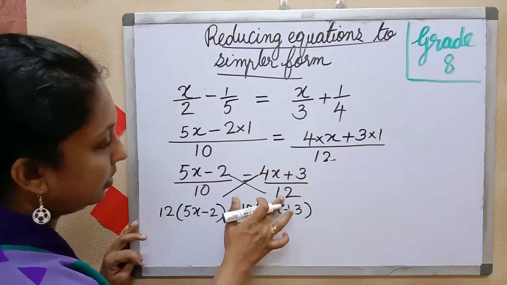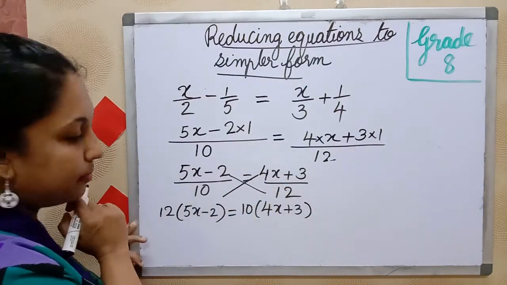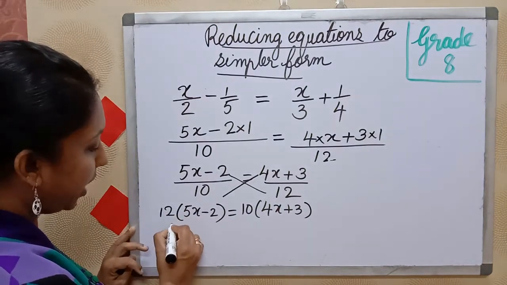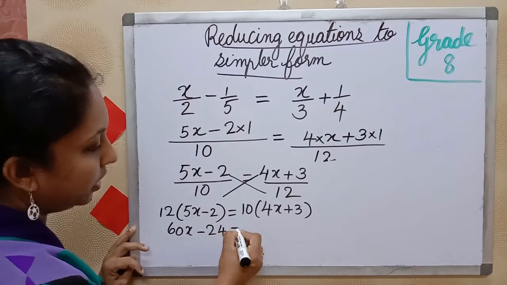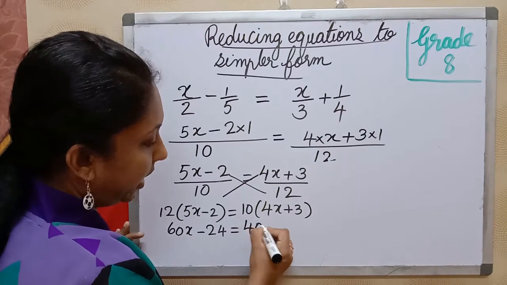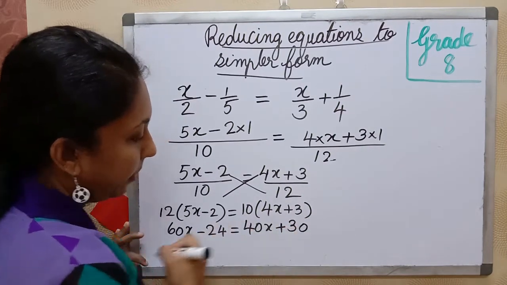Bracket open. 12 into 5 is 60x minus 24 is equal to 10 into 4x, 40x, plus 10 into 3 is 30.